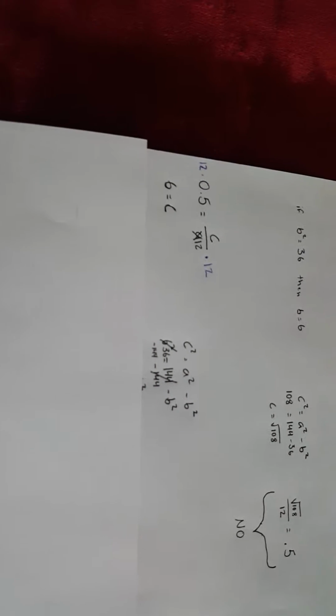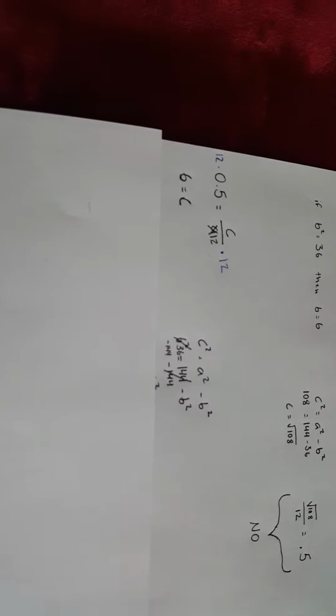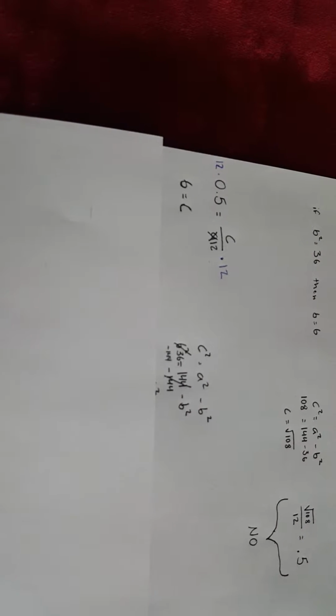Now let's try g a different way. Use e equals c over a and plug in your values. 0.5 equals c over 12. Now you multiply each side by 12 to cancel out the 12 on the right, which should give you 6 equal to c.